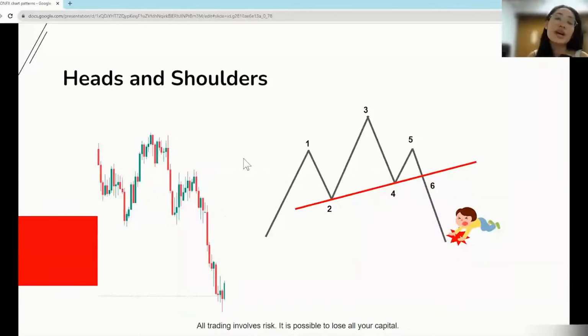So same thing, if you implement this diagram onto our real life example on our candlestick chart, point 1 would be here, point 3 here, and point 5 here.